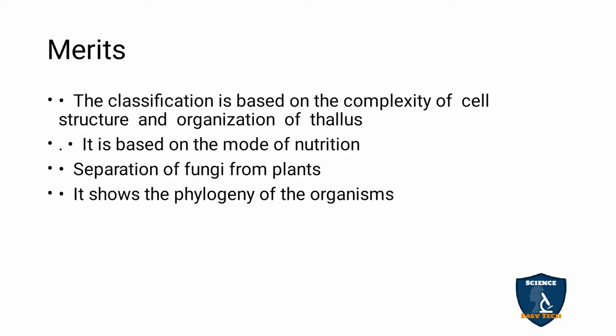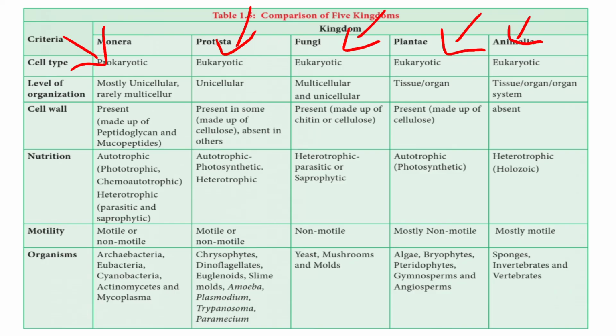And it shows the phylogeny of the organisms. You can see the phylogeny starting from Monera. The first one is Monera, single celled organisms. The second one is Protista, that is eukaryotic type. Next fungi, next Plantae, next Animalia, that is eukaryotic, unicellular, next multicellular, next tissue and organ system, like that it comes.